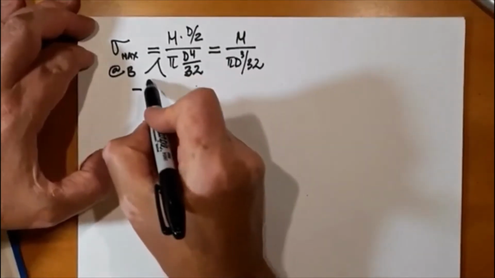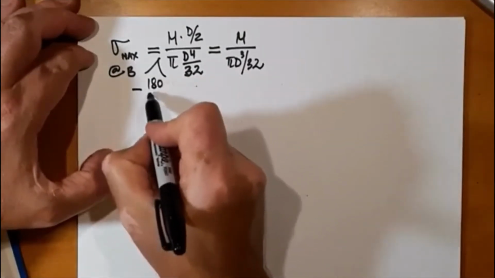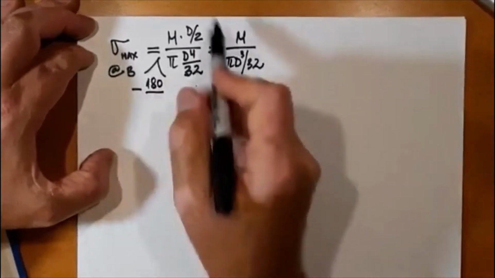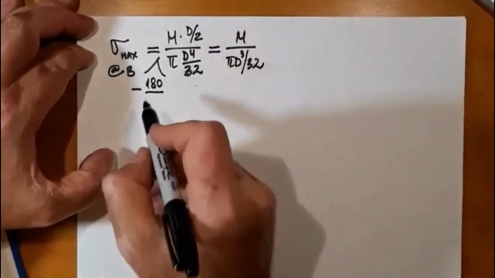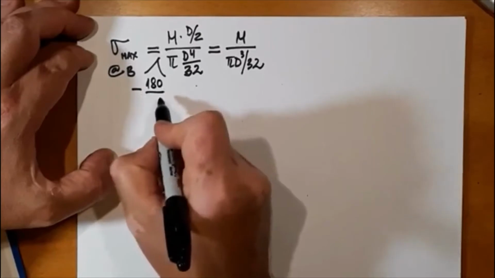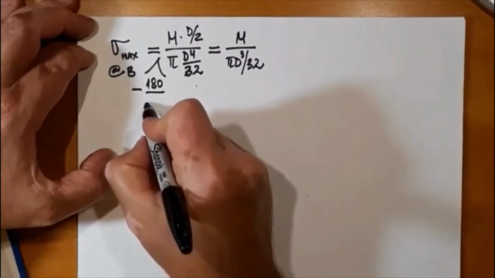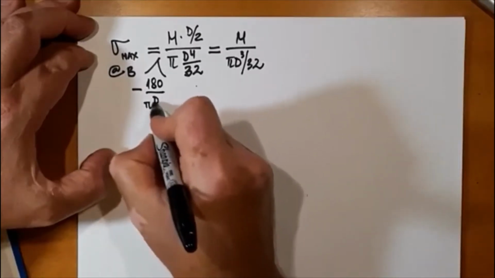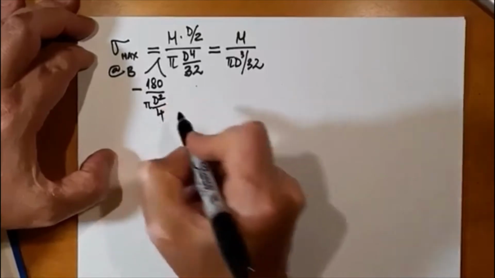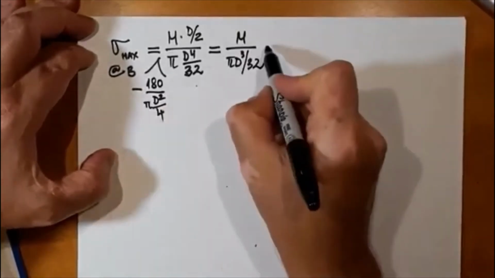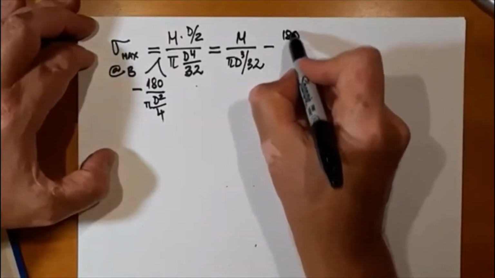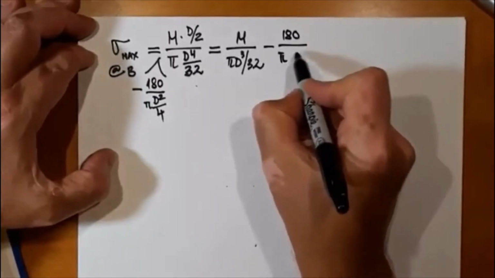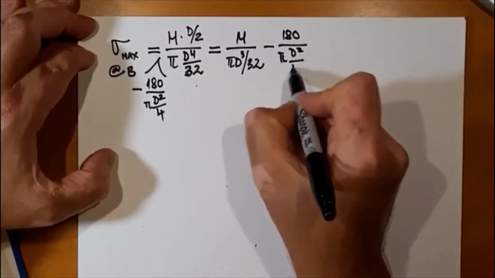Never lose the label, so simply say 180 pounds negative because it's compressive stress added to a positive tensile stress. 180 divided by area, pi diameter of the shaft squared over 4. So 180 divided by pi diameter squared over 4.